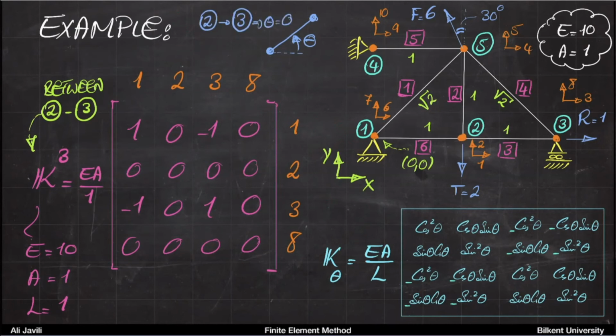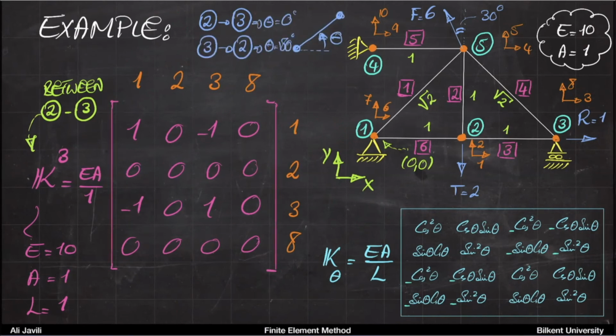If I go from 3 to 2, then theta is 180. Good. All right, so that is element 3.